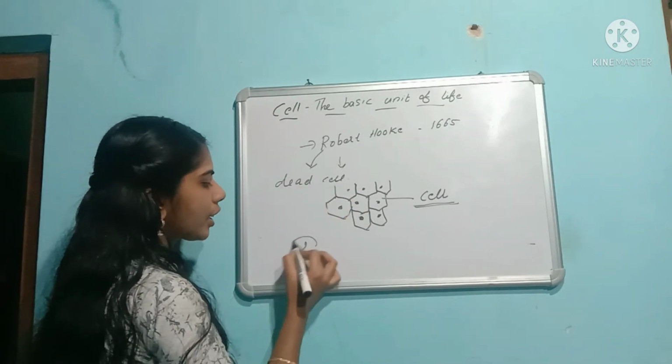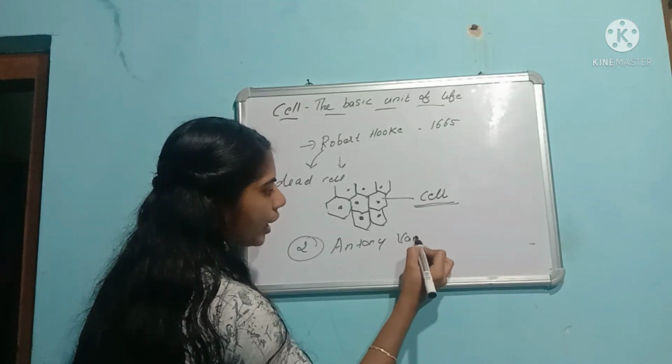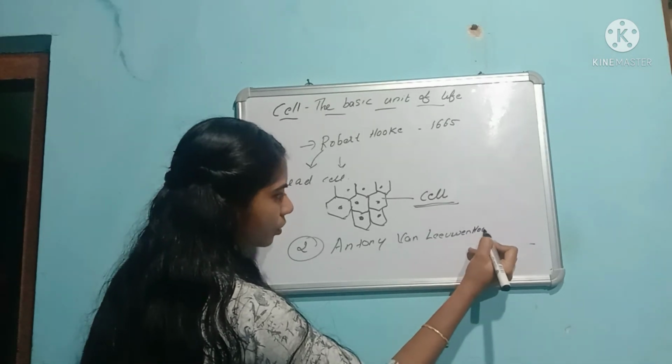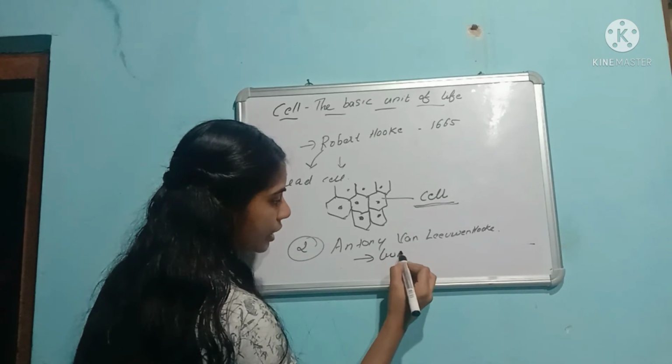Another scientist was Antony von Leeuwenhoek. He is the person who found the living cell for the first time.